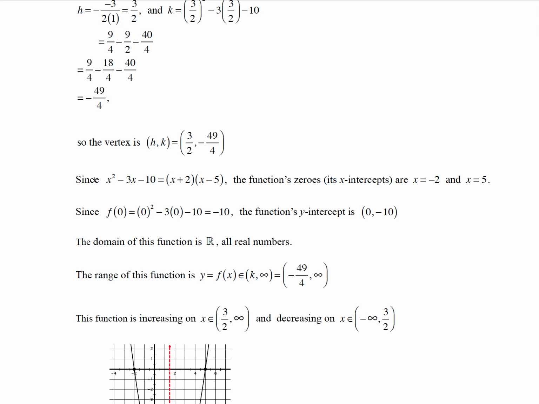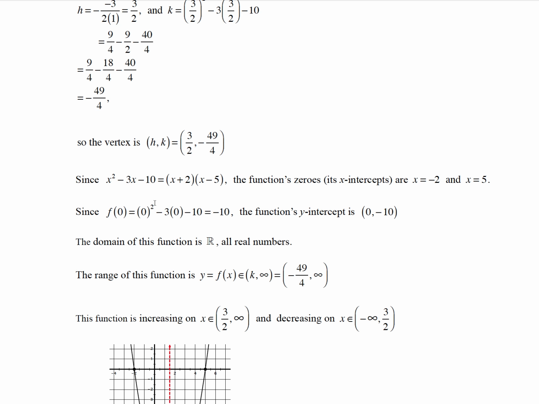And we factor the function to find that its zeros, or x-intercepts, are x equals negative 2 and x equals 5. Negative 2 plus 2 is 0, 0 times anything is 0. 5 minus 5 is 0, 0 times anything is 0, so those are our 2 x-intercepts.